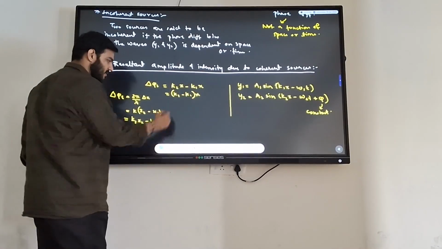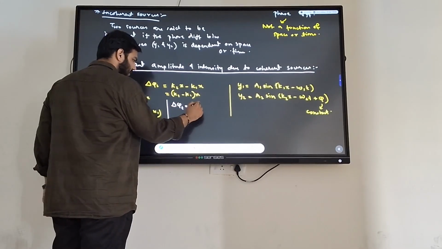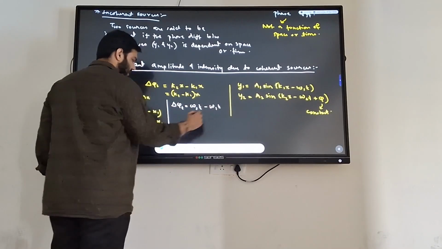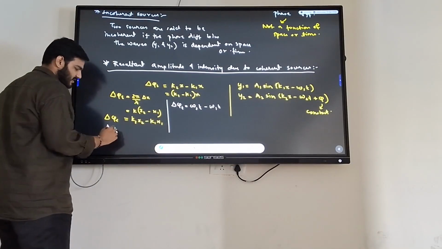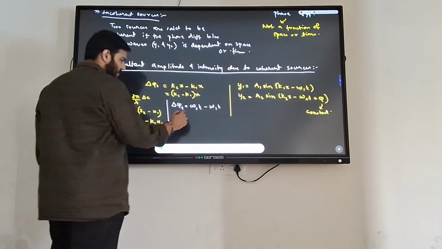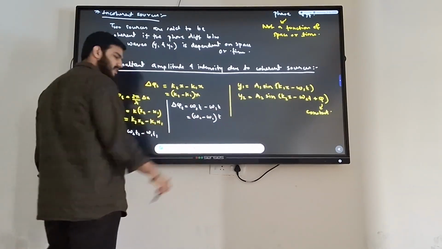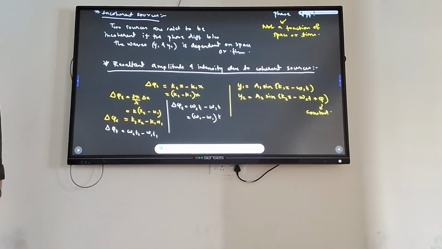What about delta phi t? That was omega 2t minus omega 1t. Actually, even that can be in general written as omega 2 t2 minus omega 1 t1. And this will be (omega 2 minus omega 1) into t. Now, is this 0? Even that is not 0.